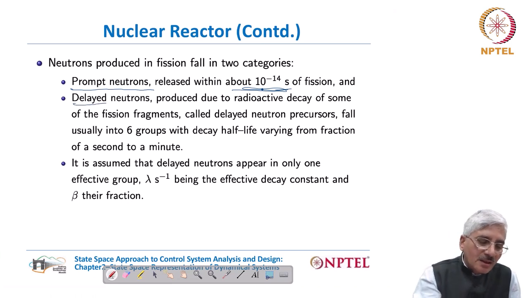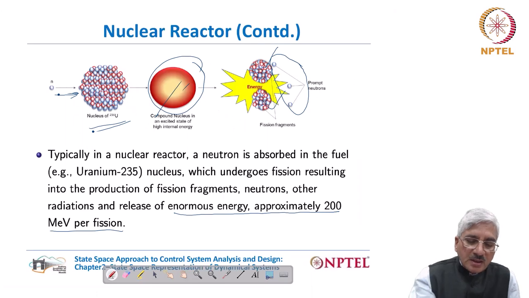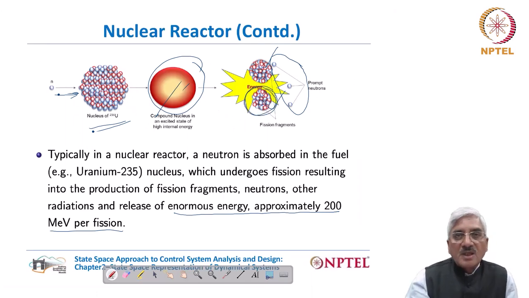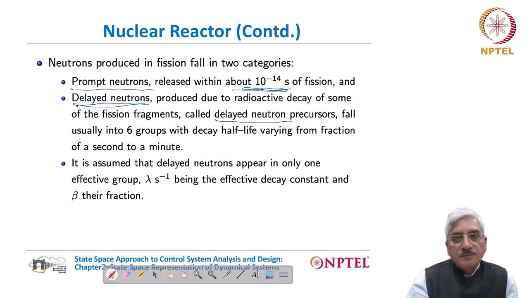The remaining neutrons are delayed neutrons. They are produced due to radioactive decay of the fission fragments. In the previous diagram, these fission fragments are unstable radionuclides, and many of them undergo beta decay, and while they undergo beta decay, they produce neutrons, and these neutrons are called delayed neutrons.